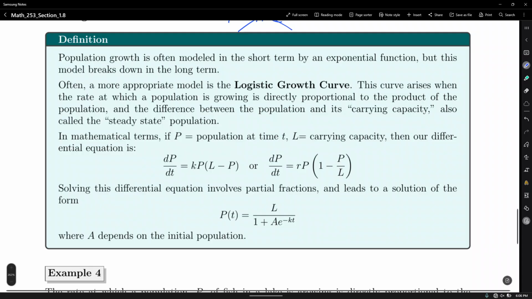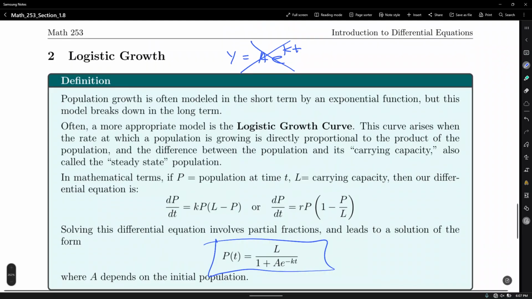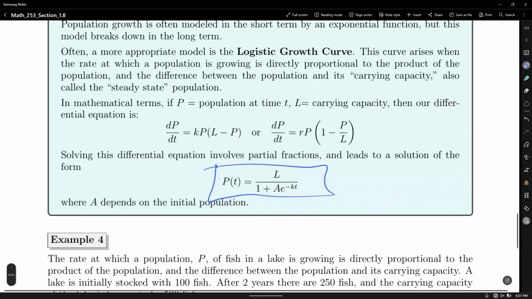Solving this differential equation is quite a big process. It involves partial fraction decomposition, and gives this function. That's the solution. As you can see, unlike the basic exponential growth, which diverges to infinity, here look at what happens.